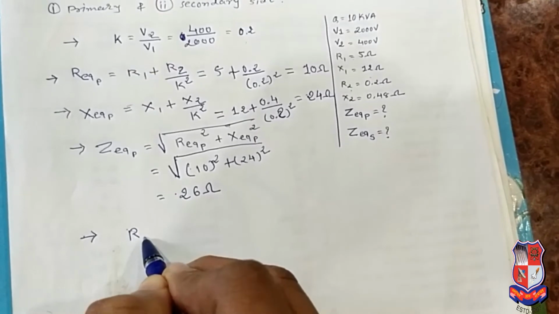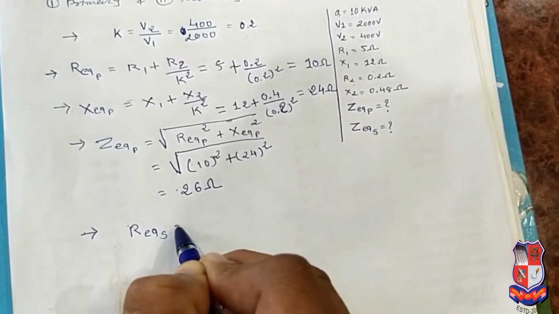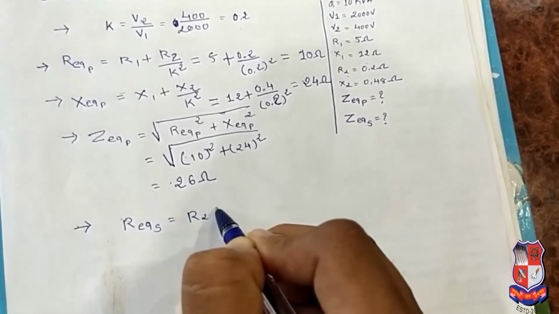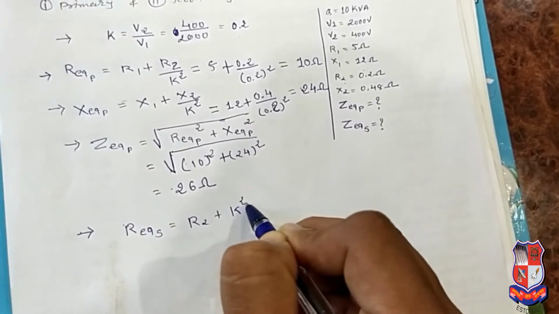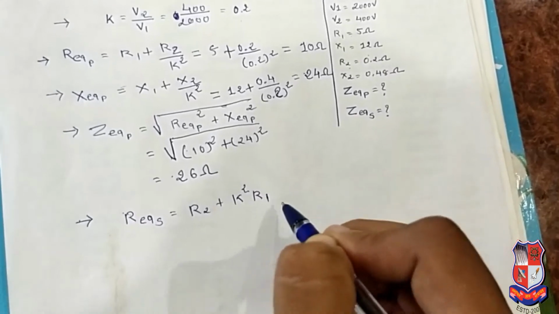First, R equivalent of secondary, the equation is R2 plus K square R1.